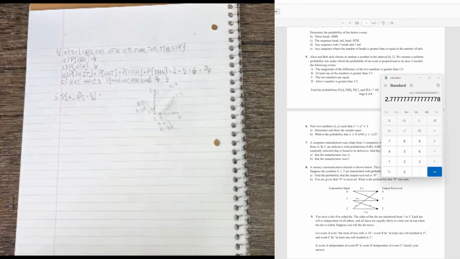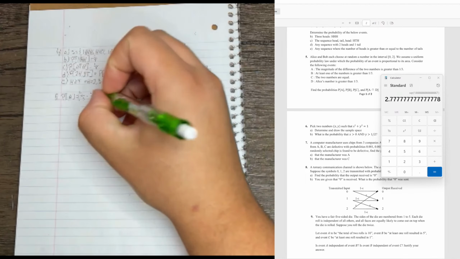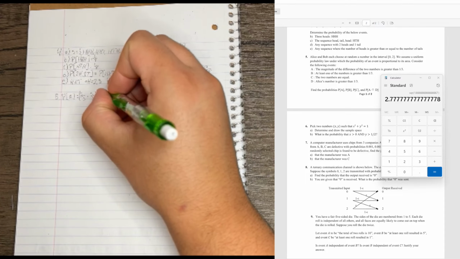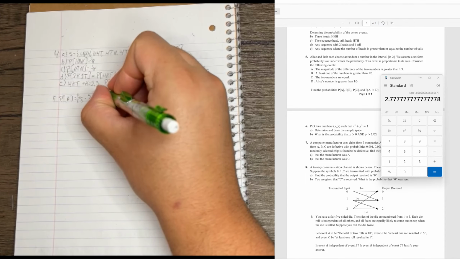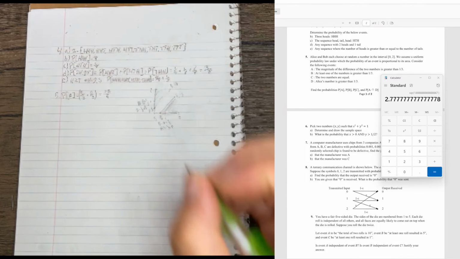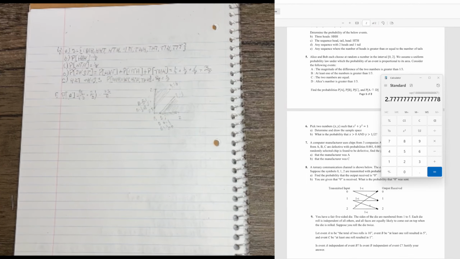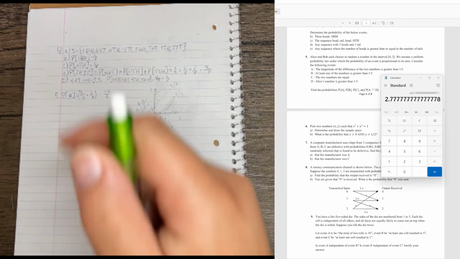Just because I want to see what they got, just to make sure I understand it right and I'm doing it correctly. So from what I get, it should be like 25 over 9. That's not a valid probability, though. Oh, yeah.